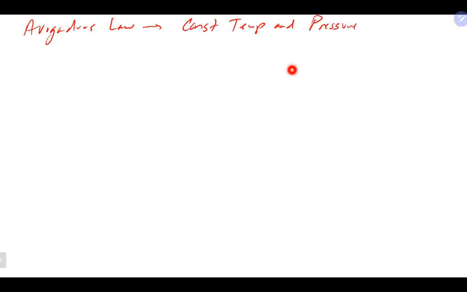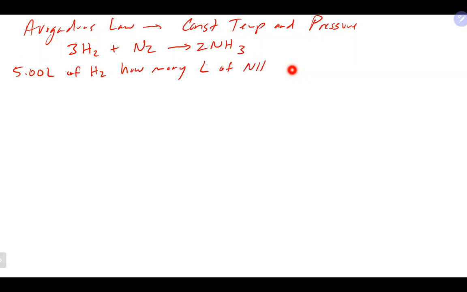So let's just say that we had an equation of 3H2 plus N2 gives us some NH3. And let's say that we are starting with 5 liters of H2. We want to know how many liters of NH3 at, we'll just make up, 295 Kelvin and 1.35 atmospheres.